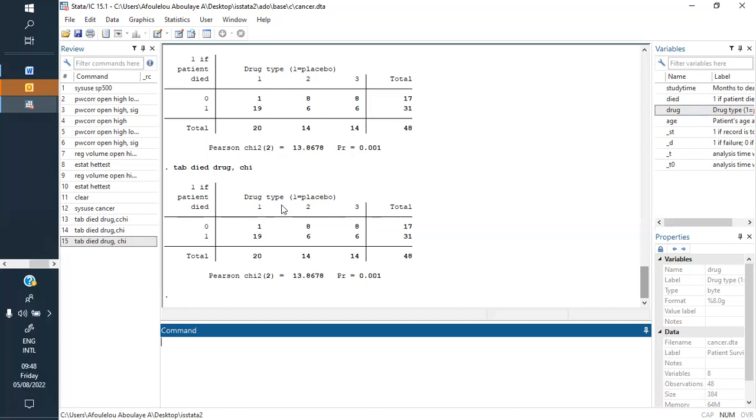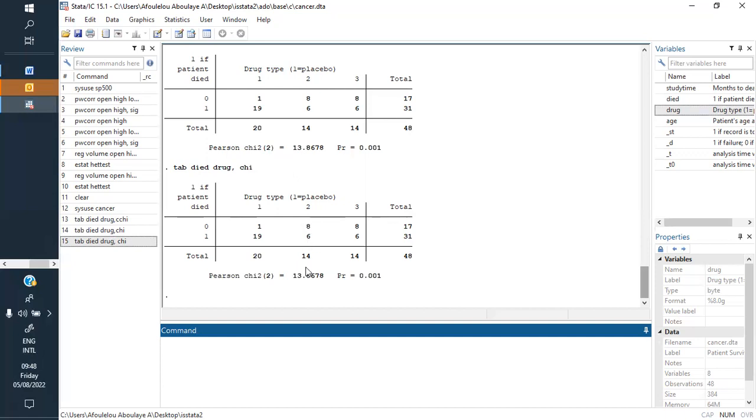Okay, then can you see you have three groups. Group 1 are not taking, 2 are partially taking, and 3 are fully taking drugs. And as you can see, those who are not taking drugs, they are 20, and 19 of them died, and only 1 was alive. And those who are partially taking drugs, we have 8 who are alive, but 6 died.